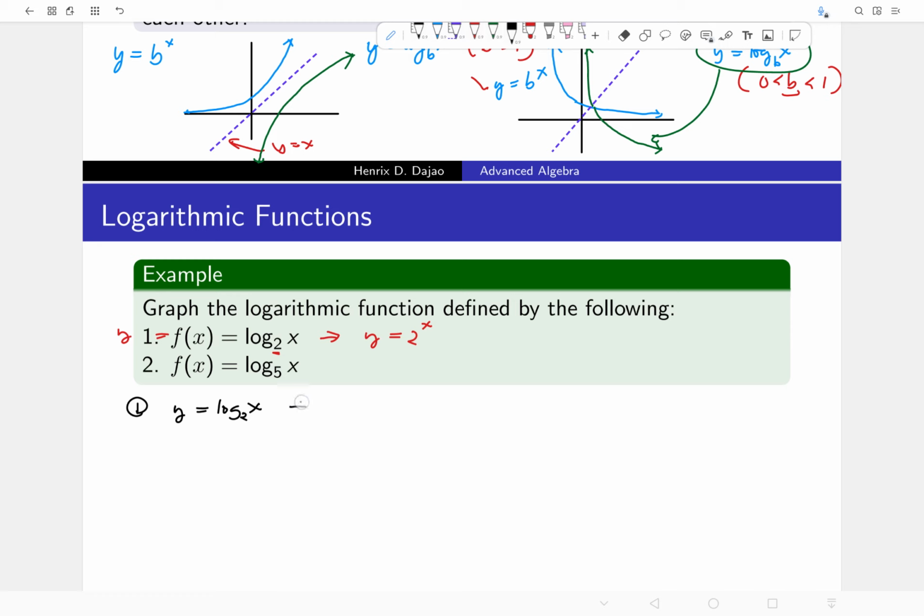So the inverse of this is again y equals 2 raised to x.